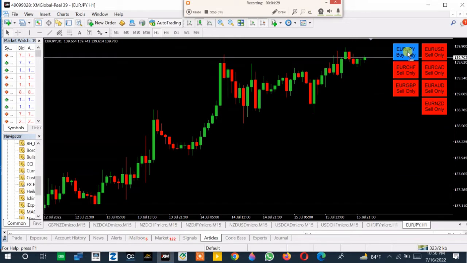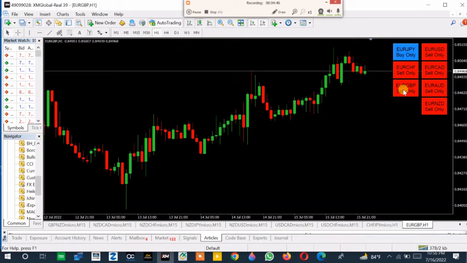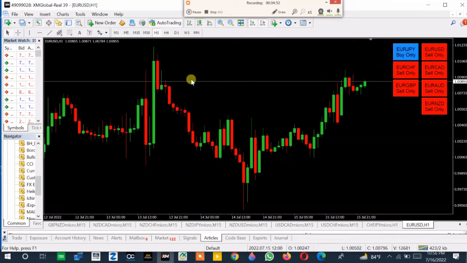After that I will check the Euro JPY pair. When I click Euro JPY, the chart will open. When I click Euro CHF, that chart will come. When I click Euro USD, the Euro USD chart will come in.